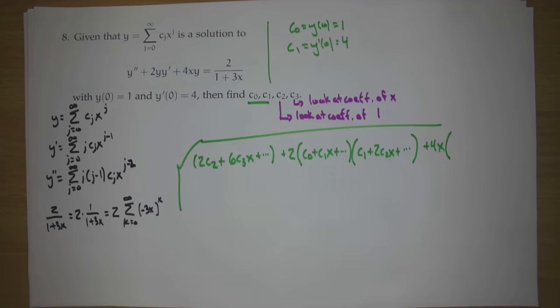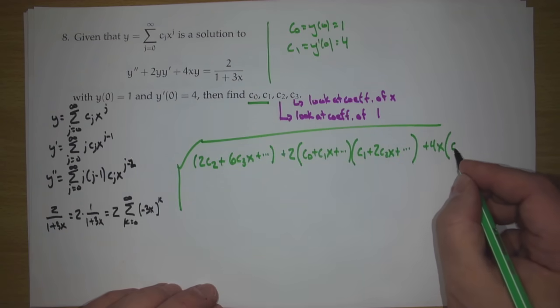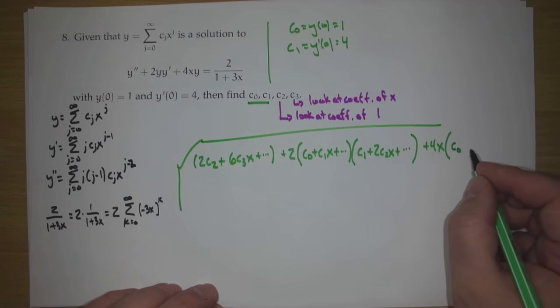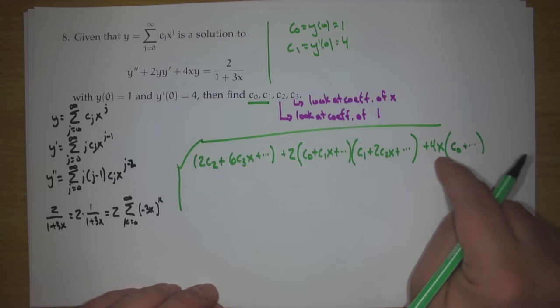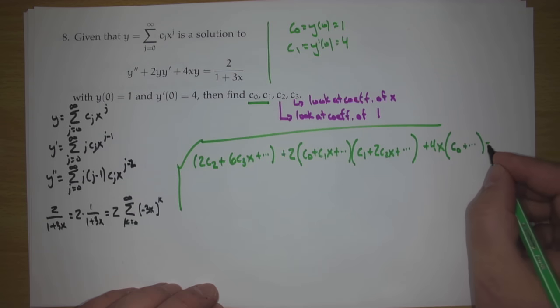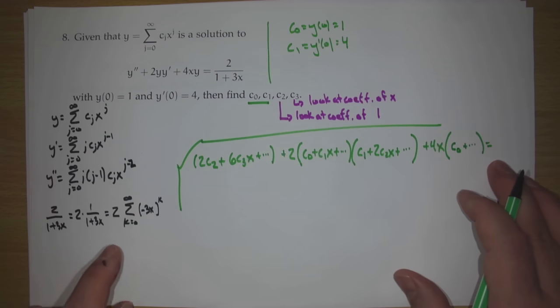Okay, how much of y do I need? I could put c0 plus c1x. Do I need all of that? I can actually just stop at c0. Why? Well, because I'm already up to x when you multiply the x in. Equals on the other side.